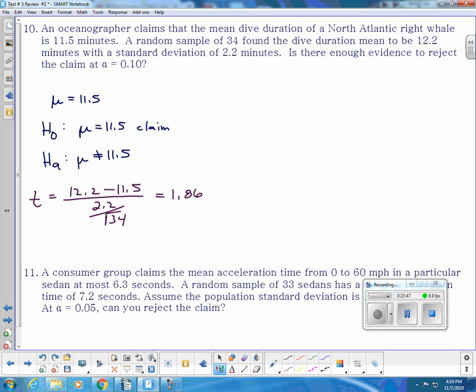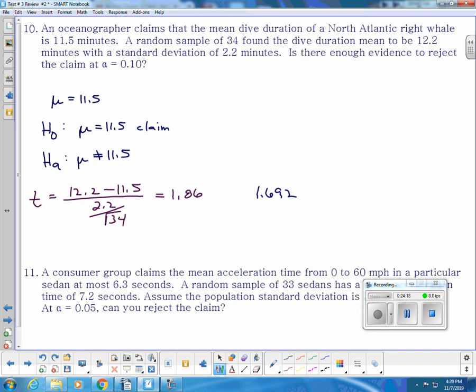So we're looking at 34 samples. So our degrees of freedom is 33, and we're at 0.10. So two-tail, 0.10 and 33 is going to give me 1.692. So our critical value is 1.692.